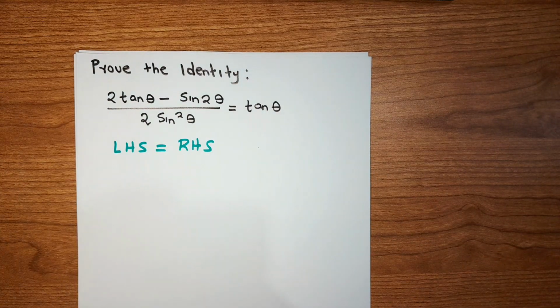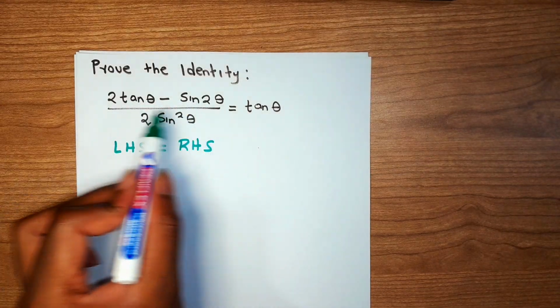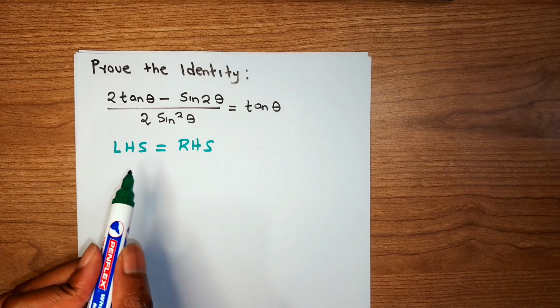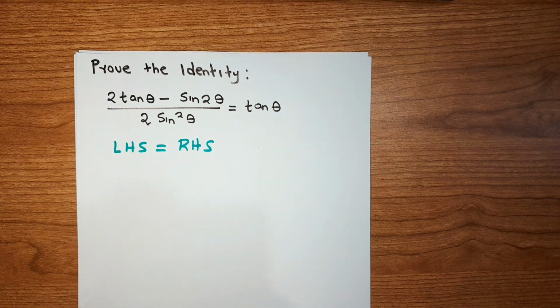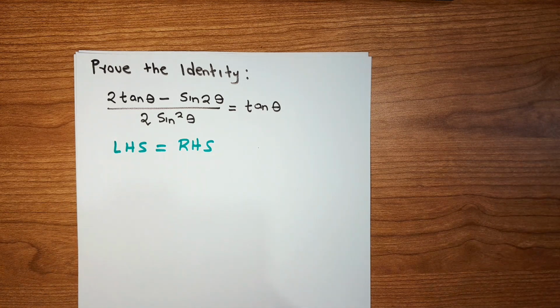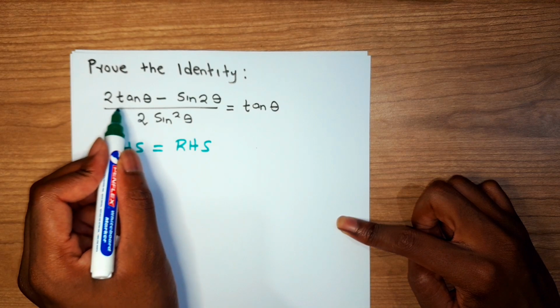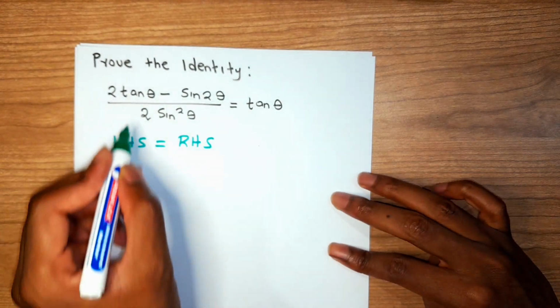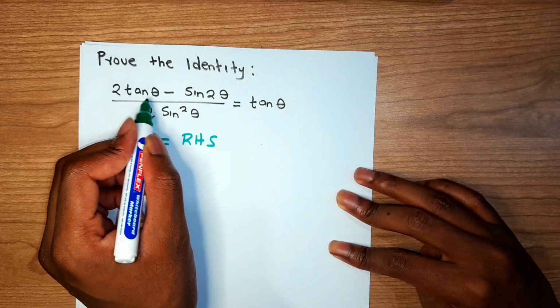So when you change your identities on these questions, ensure that everything on top is in terms of sine and everything on the bottom is in terms of cos, because you are trying to prove that the left-hand side equals tan of theta. So let us start from here. This is your 2. Let's change everything.